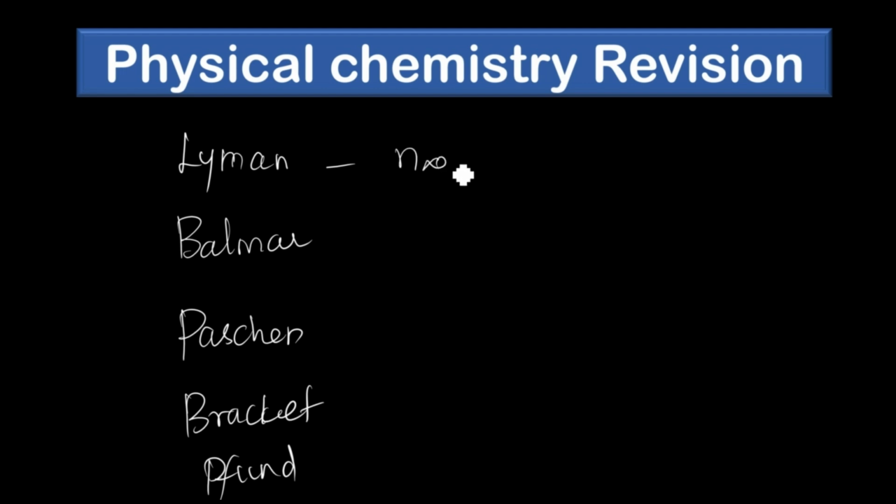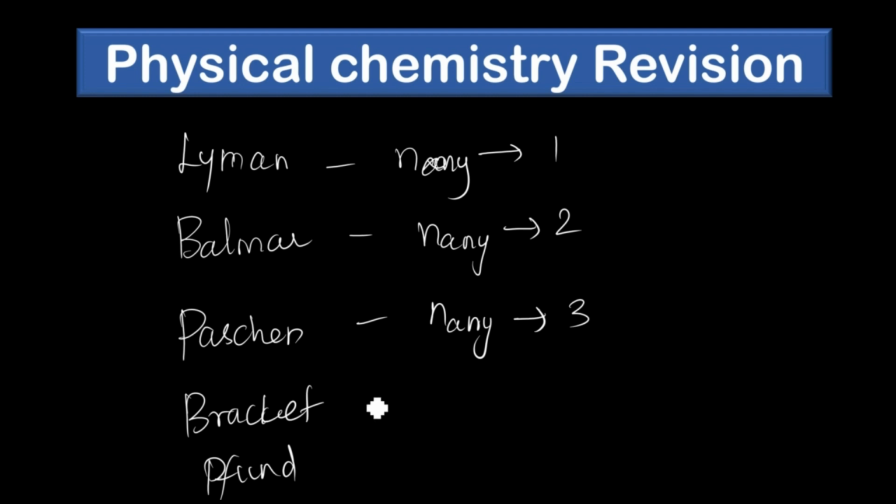So I'm taking n infinity to 1. Any orbit. Okay, so n any to 1. This is n any to 2. This is n any to 3. This is n any to 4. Pfund is n any to 5.